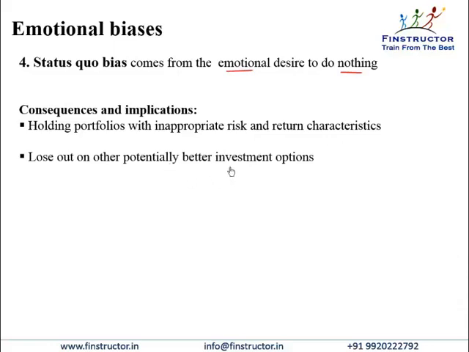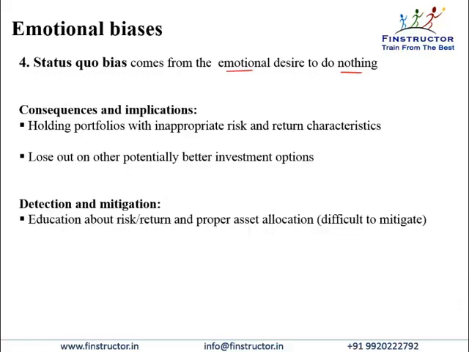Investors may lose out on better investment options since they chose to stick to the original allocations and did nothing. So again, being an emotional bias, it is difficult to mitigate, but education about risk and return and proper asset allocation is the best mitigant to help with this bias. So you should continually speak to your client and continually make sure that he needs to revisit his portfolio and revisit his asset allocations.